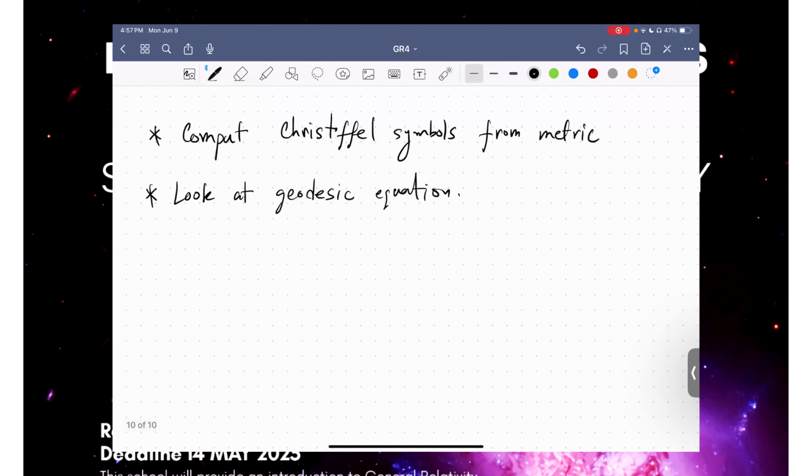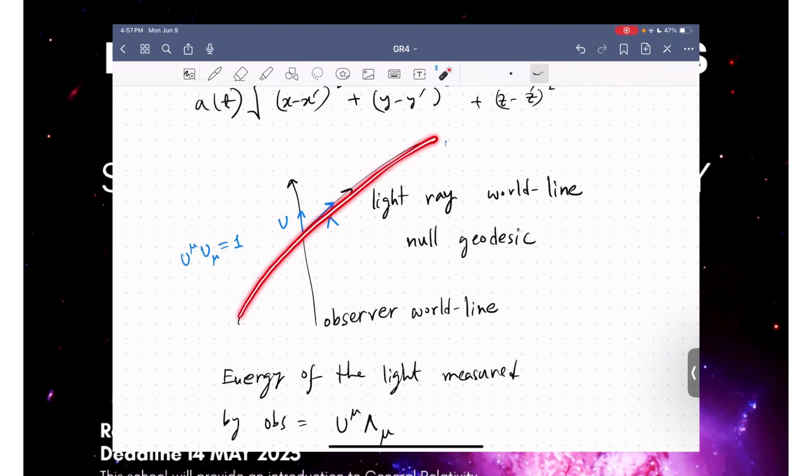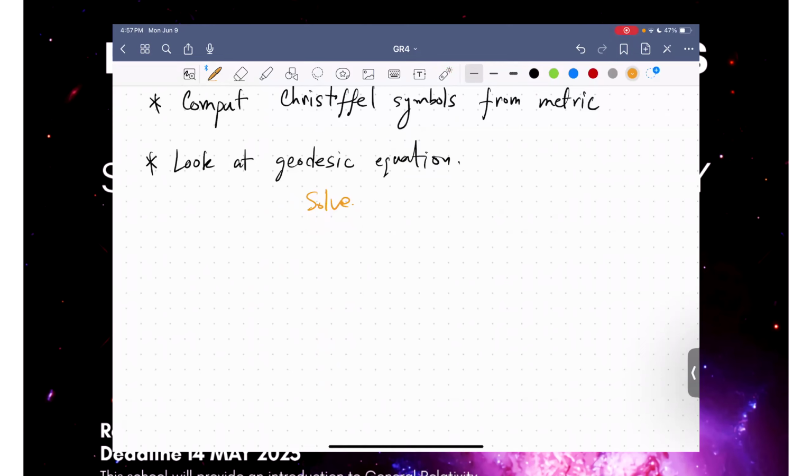Ideally, you would like to solve them, but that is actually too much work because, as I was saying, I don't really need to know the actual geodesic. All I need to know is what the tangent vectors are at any time. Recall that the geodesic equation is a second-order differential equation in terms of the variables that define the world line, but we only need to solve for the first derivative, basically.